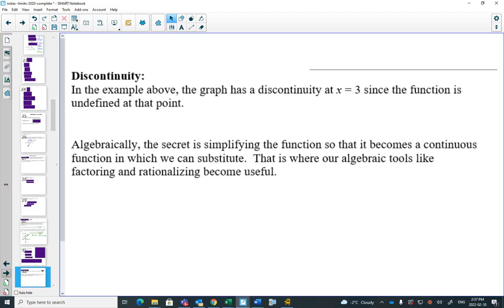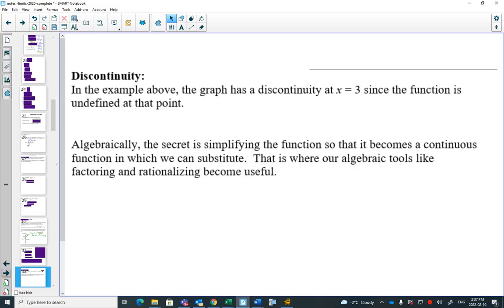So if you have a point of discontinuity, what we want to do is simplify the function by factoring or by multiplying by the conjugate so that that non-permissible value cancels out. And when a non-permissible value cancels out in a graph, that will result in a hole in the graph.